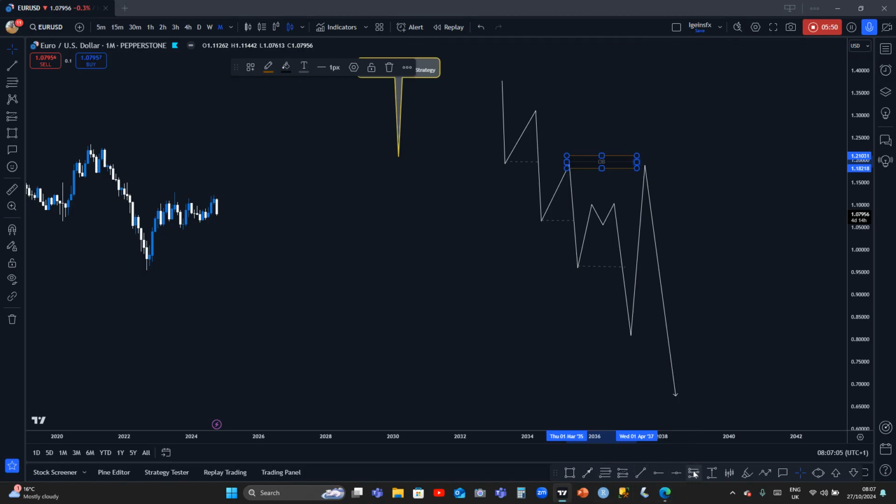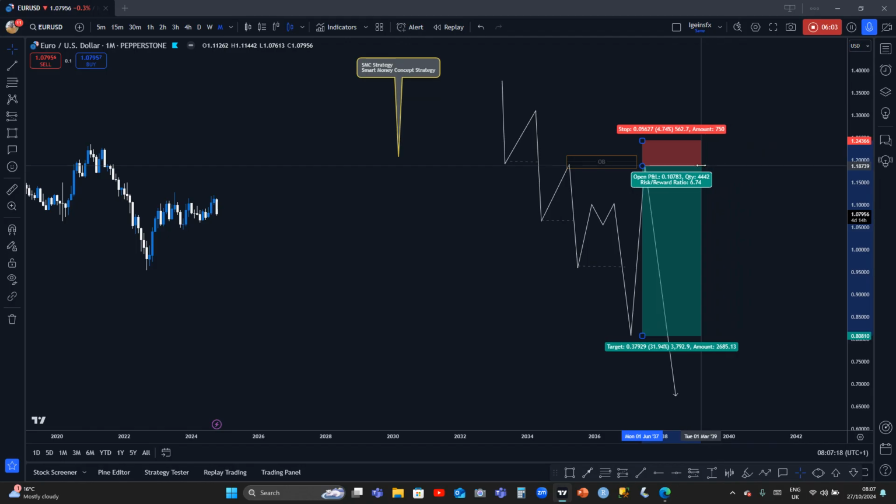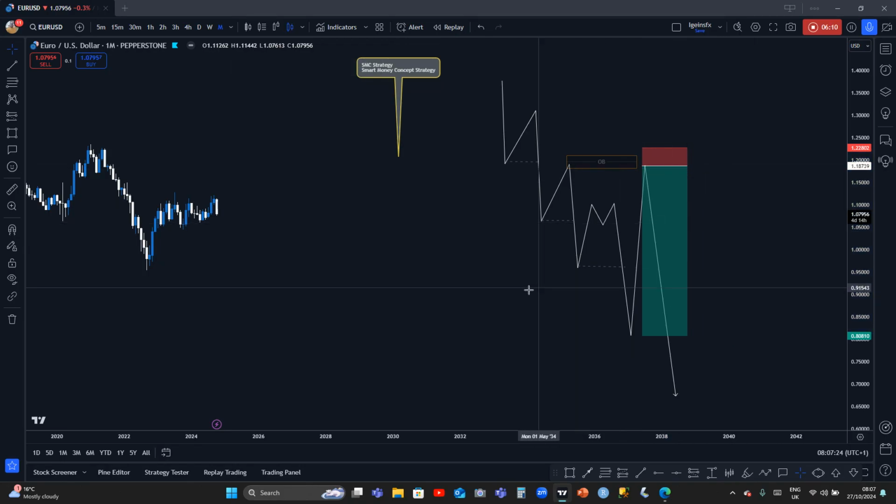So what I need to do is to take my sell tool, place the open here, target the high a little below this structure, all right.